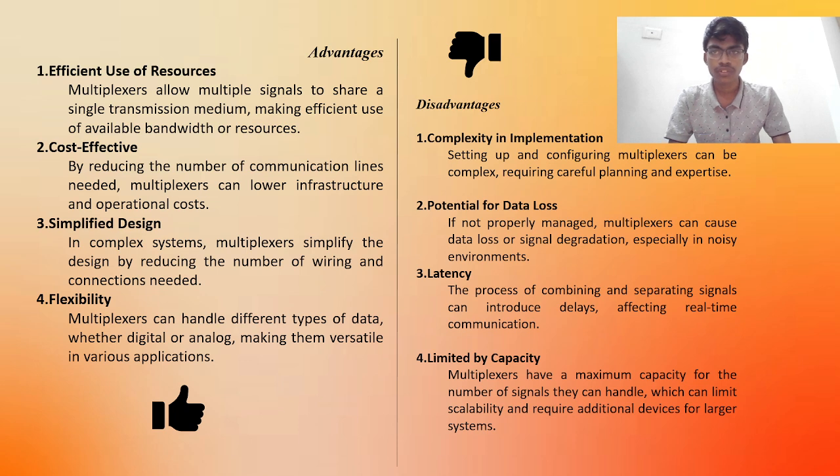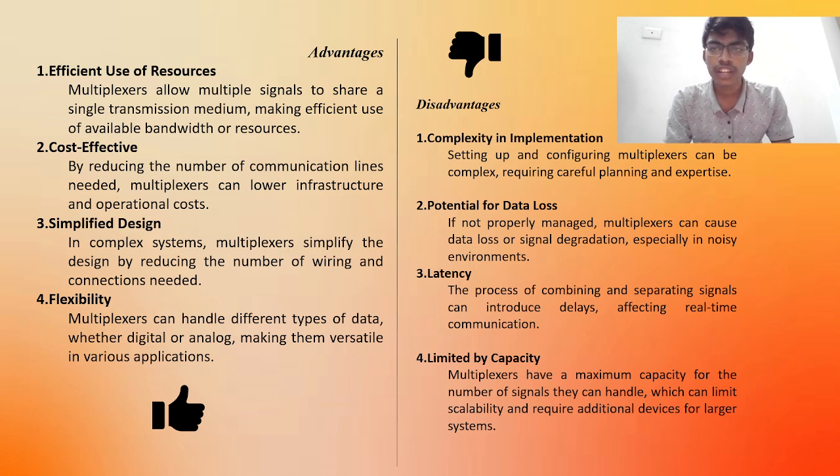So efficient use of resources is the main advantage of multiplexers. At the same time, the disadvantage is complexity in implementation. Setting up and configuring multiplexers can be complex and requires careful planning and expertise. If there is a fault in something, the entire multiplexer fails. With the increase in the order of the multiplexer, its complexity also increases, which we have to keep in mind before implementation.